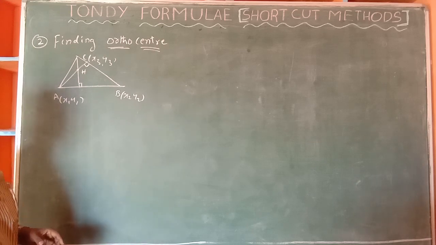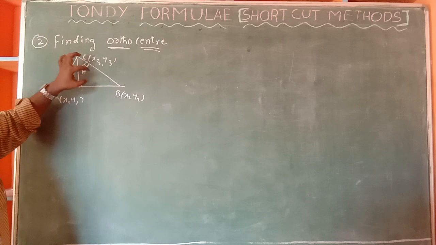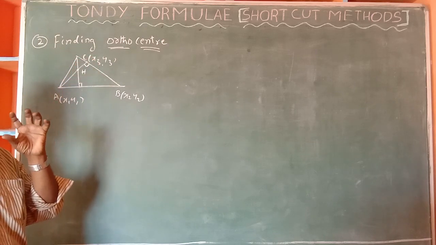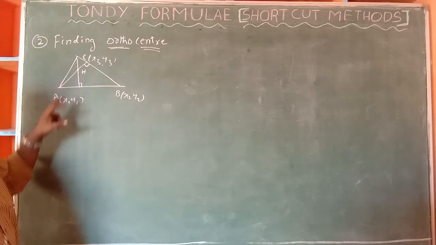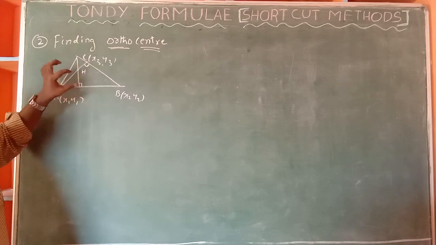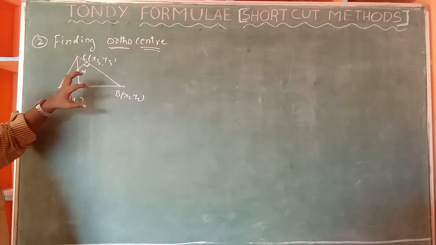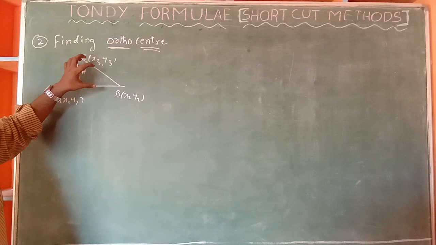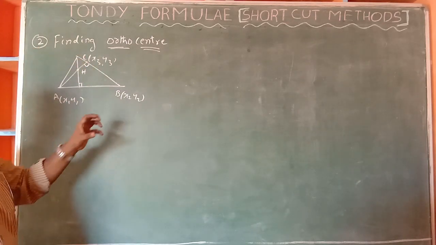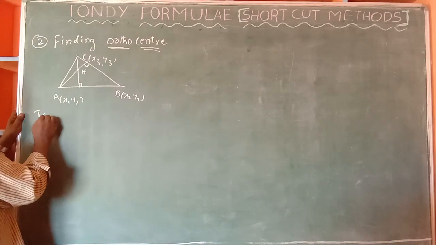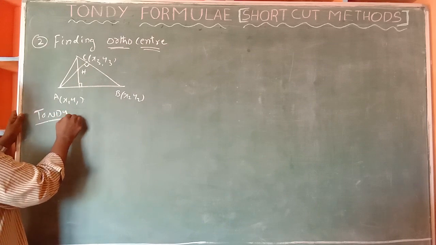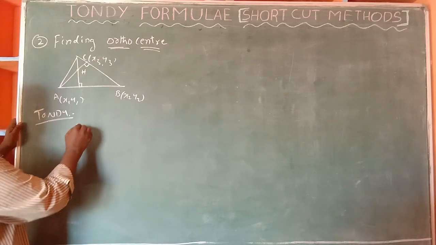Okay. Whereas for the orthocenter, circumcenter, in-center, ex-center, there are 5 types of centers of a triangle. First, the orthocenter. It is difficult to find, meaning it takes so much time by the traditional method. So by the Tondy method, it is easy to solve using one formula.